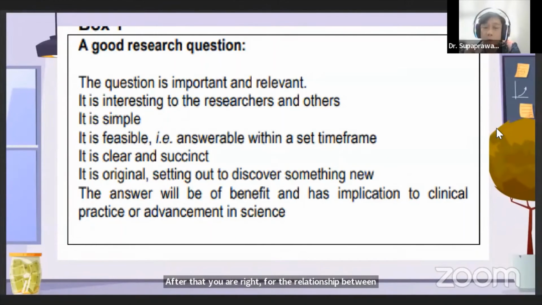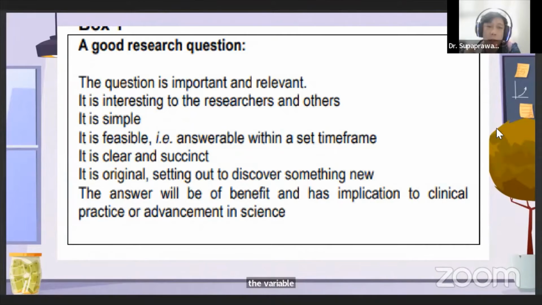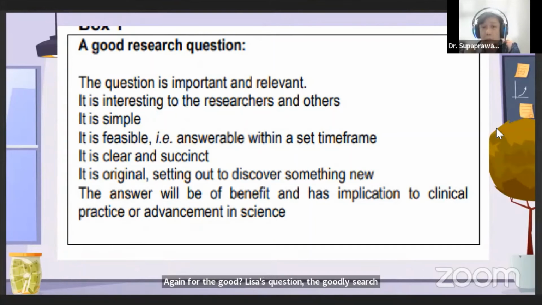Again, the good research question is important and relevant to the topic that the researcher would like to study, and feasible. If you write a research question that is impossible, how can you find the answer?